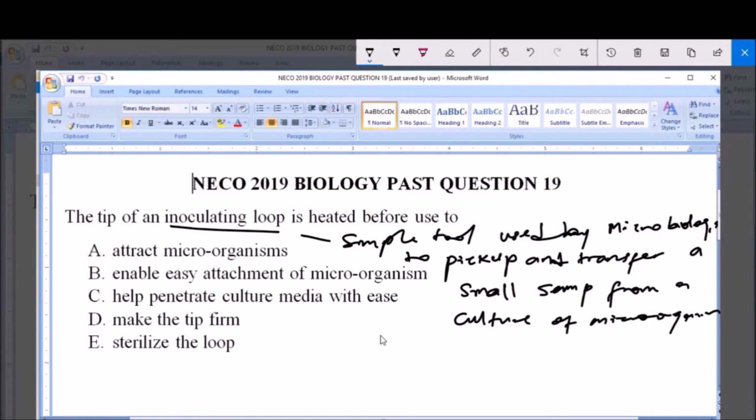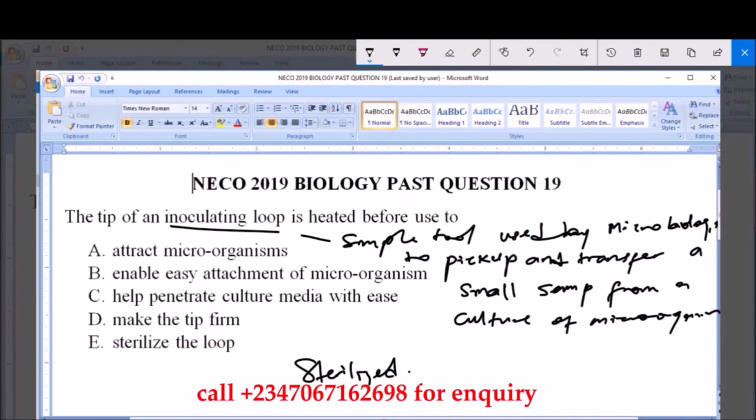Now, this inoculating loop has a tip, and before an inoculating loop can be used, it has to be sterilized. It has to be sterilized because it is dipped into the culture solution in order to take a sample of this culture.